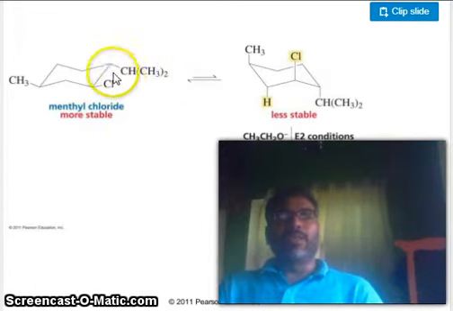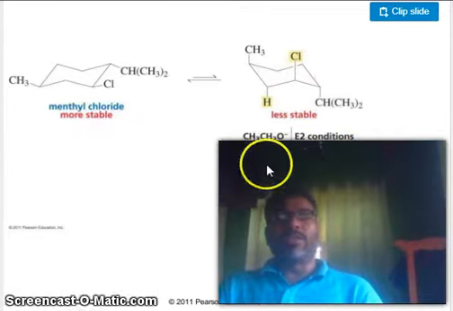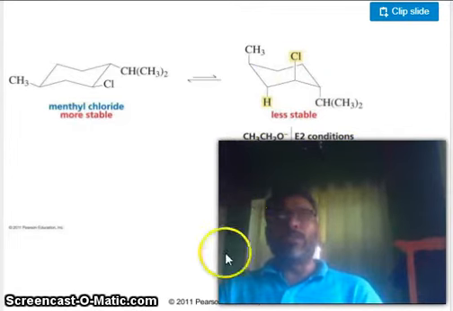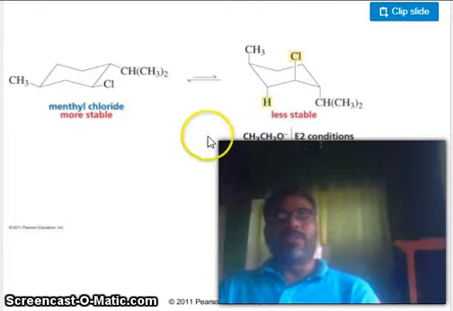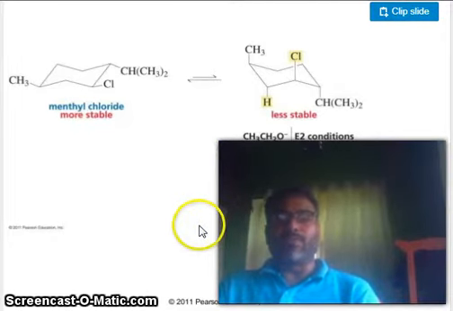Both are in the equatorial position, and this is the axial and this is also less stable, and this reactant gives this product in this E2 reaction. This is also a very important reaction, and I think such questions are asked in many competitive examinations.